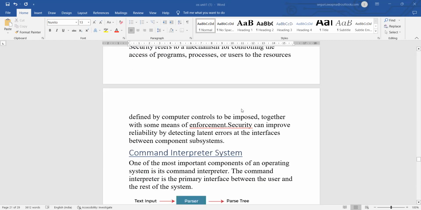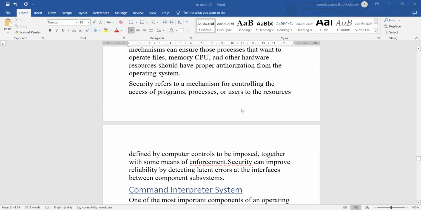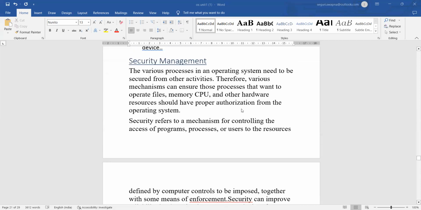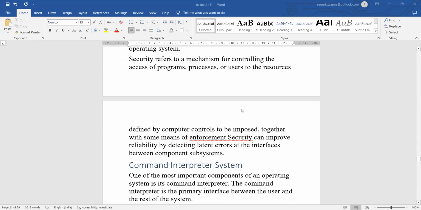Here, the main responsibility of security management is to increase reliability by finding errors and the interfaces between the components and the subsystems, and to provide authentication for only the authorized persons. This is the responsibility of the security management in the operating system.